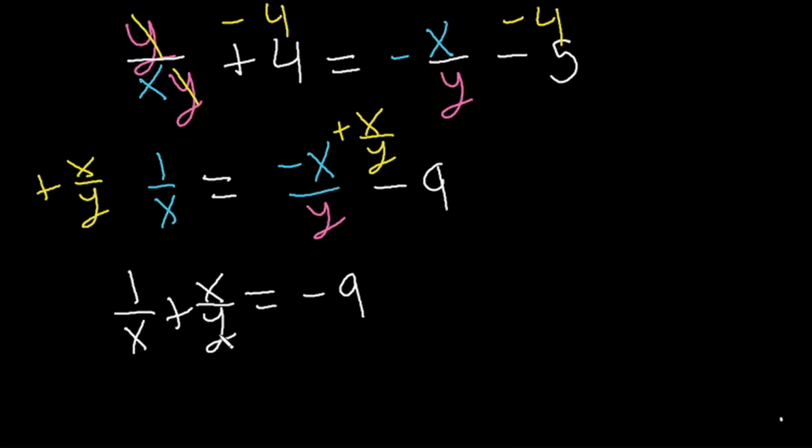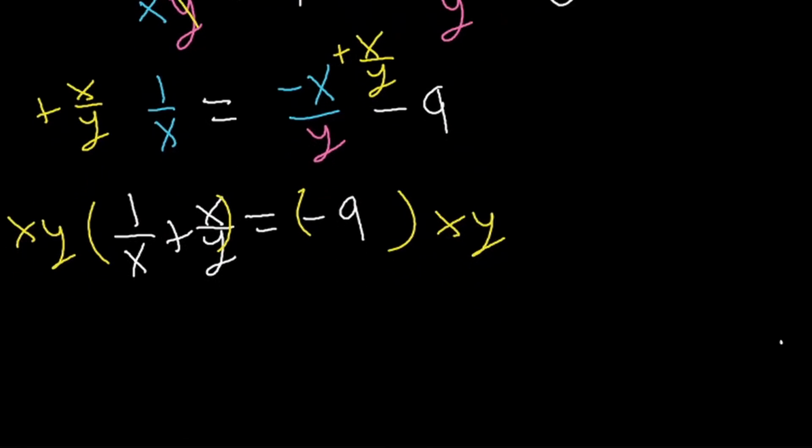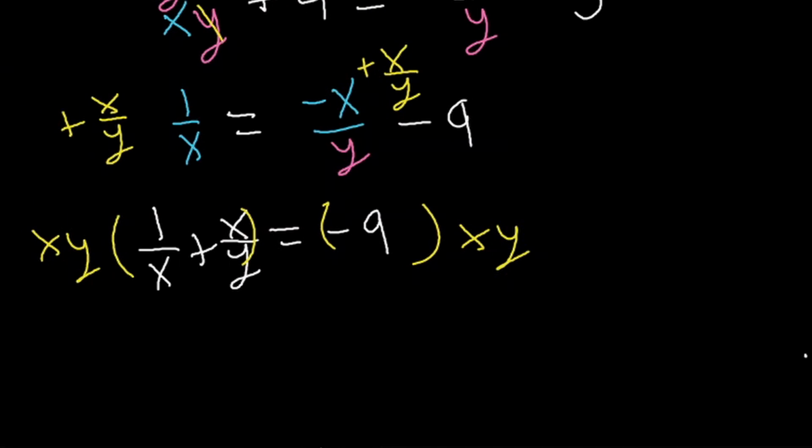And now if we multiply by our common denominator, which is xy, do that on both sides. One over x multiplied by xy, well, the x's will cancel and we'll be left with just y. x over y multiplied by xy, well, the y's will cancel and we'll have x squared.